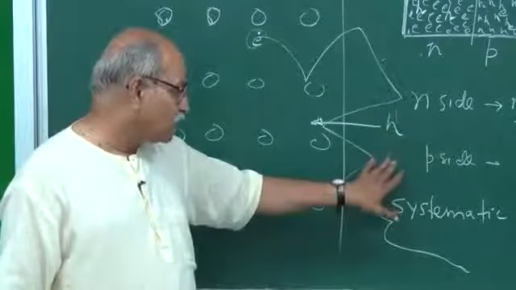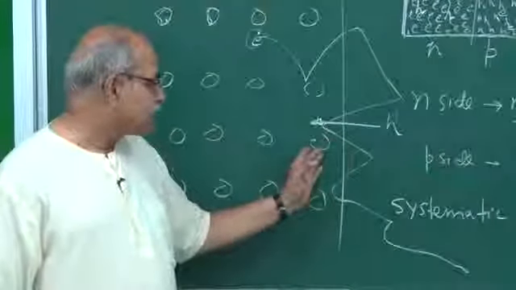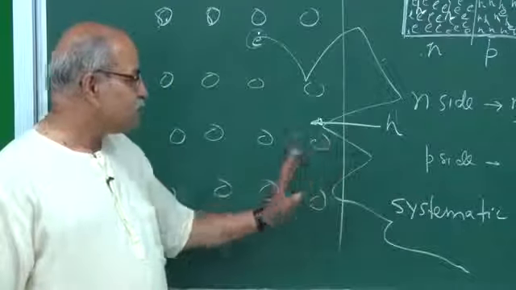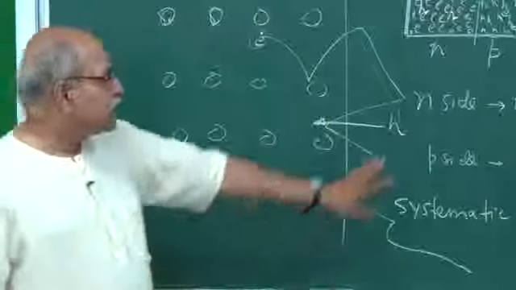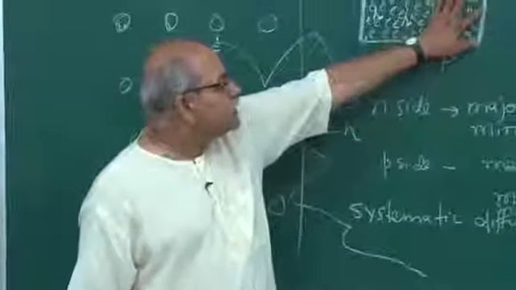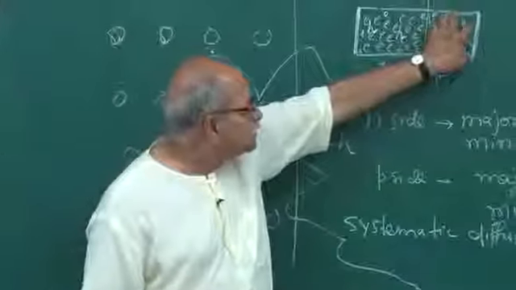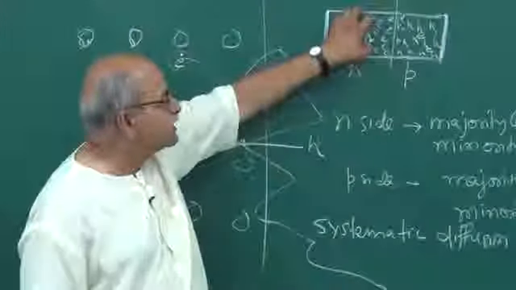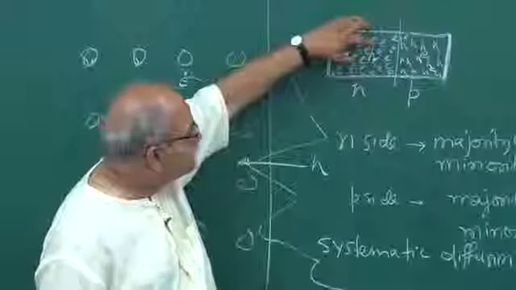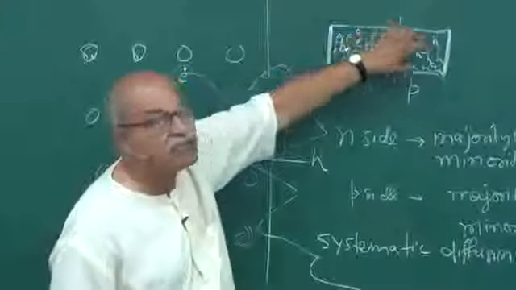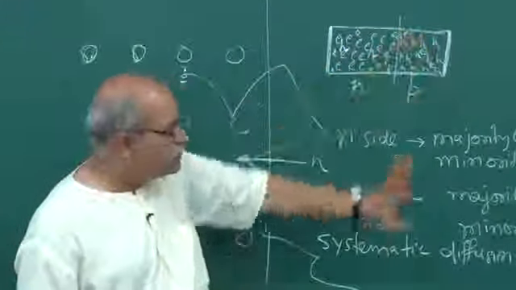So this hole has gone from here, and a new hole is created here. We say that this hole has diffused. So since a large number of holes are there, once again the diffusion of holes from right to left in this figure will be much larger than the diffusion of holes from left to right. And hence what will happen?